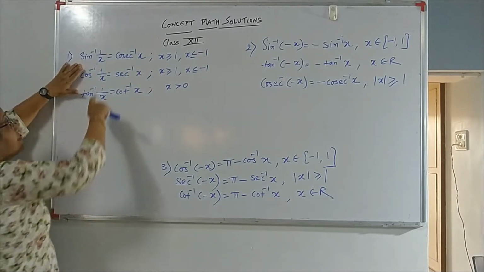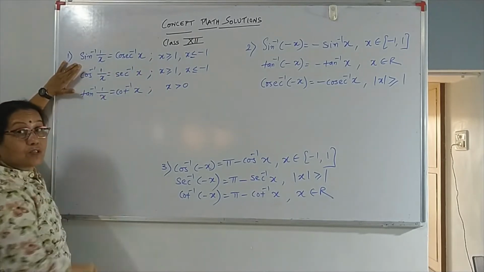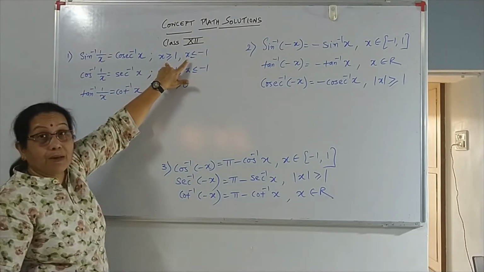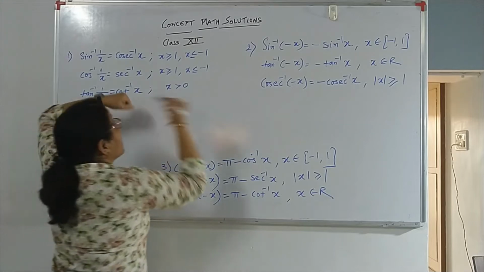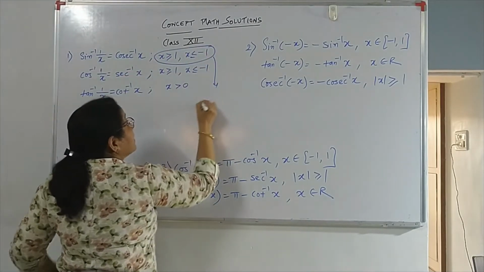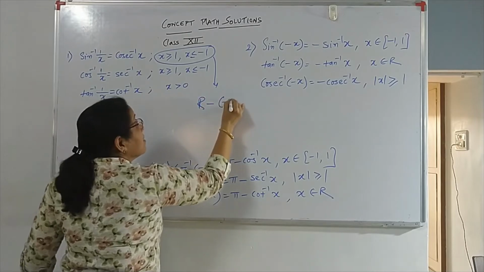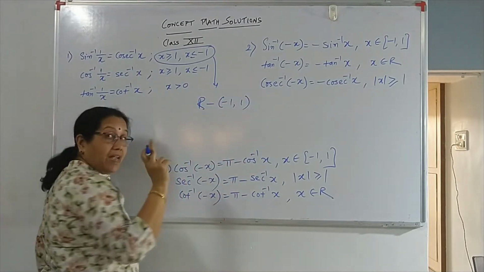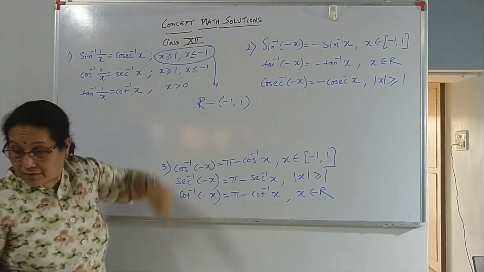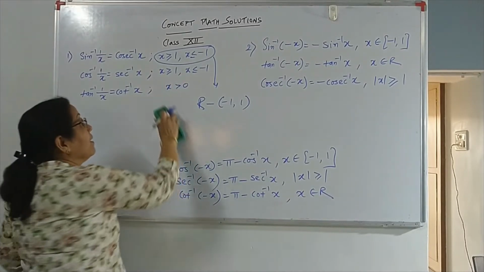Like sine inverse of 1 by x is cosec inverse of x, for x greater than or equal to 1 or less than or equal to minus 1. This interval is the same as R minus (-1, 1). You remember we had listed it for the range of cosec inverse. Therefore, all these intervals are given accordingly.